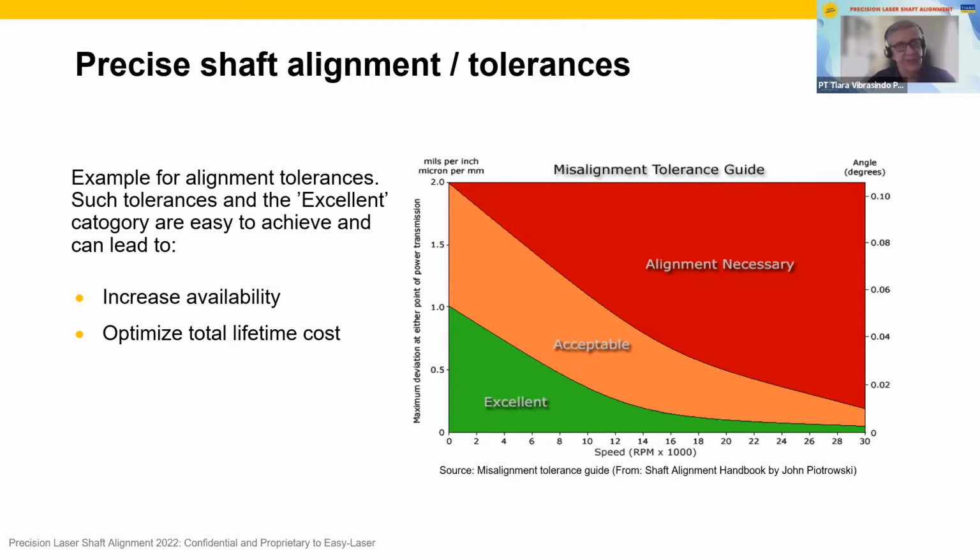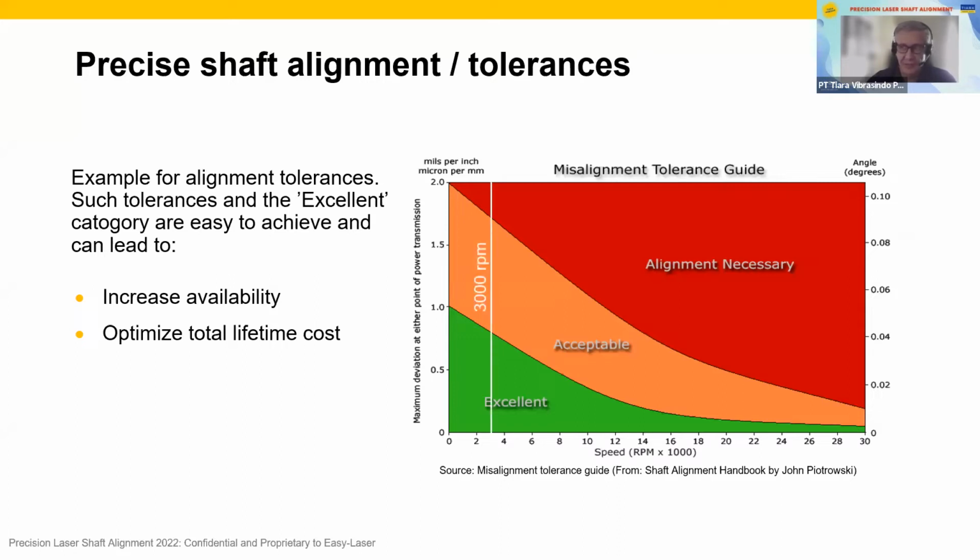This is the area where we are hurting the machines, where we are damaging the machines. The norms we are referring to here are either the EASY-LASER tolerance, which we have built into all of our equipment, or you can also use the American norm for standardization, the ANSI, specifically the S2.75.